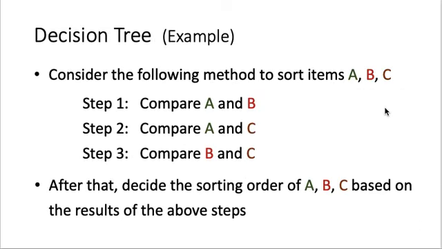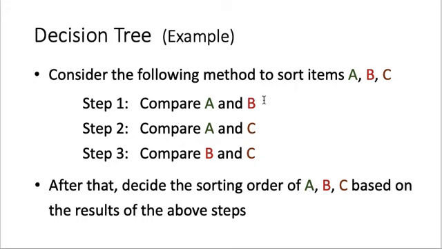We have the following comparison sort for 3 items, and we will see what its decision tree looks like. We have 3 items A, B, C. This method always sorts 3 items only, and it has 3 steps.